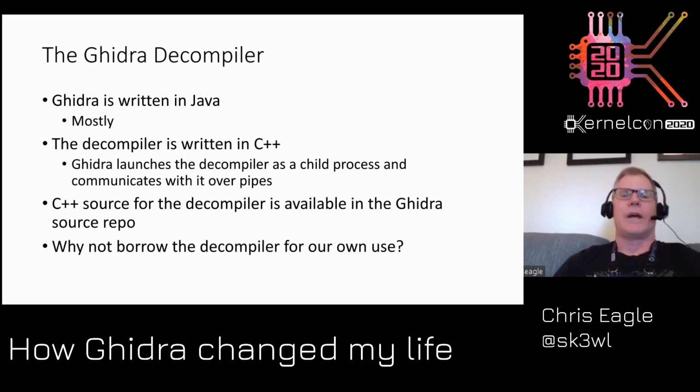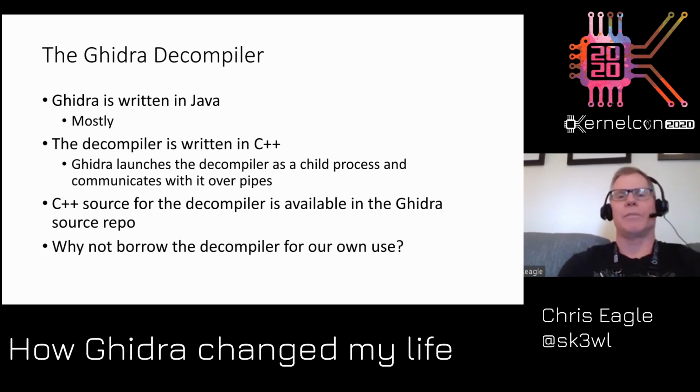But it turns out the decompiler component of Ghidra is actually written in C++. And this makes it very easy to take the source code for the decompiler and integrate it into your own tools, or even use it potentially in a standalone capacity.